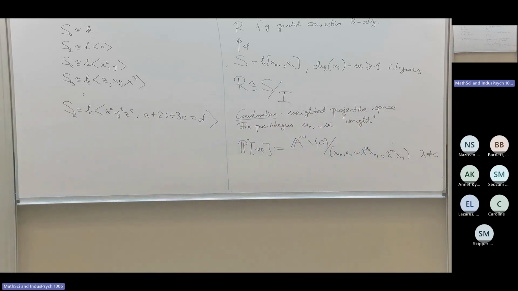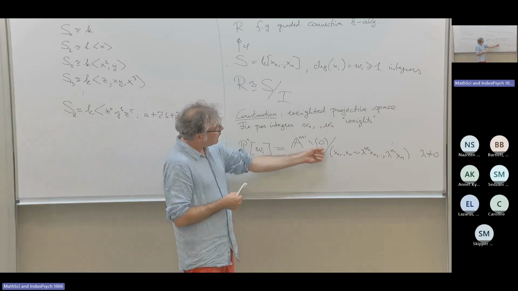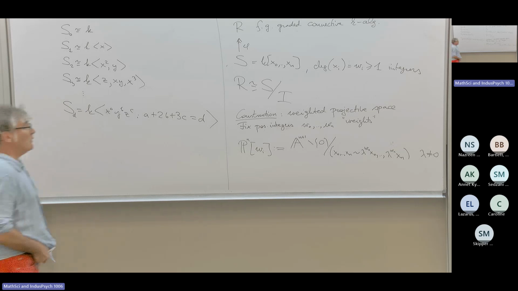If you like that language, what we are really doing is taking a one-dimensional torus acting on this affine space, but not with a trivial character (1, 1, 1), but with some non-trivial character. So that's really one way to think about it.